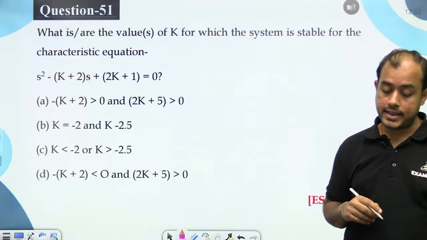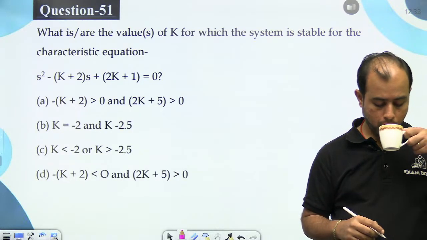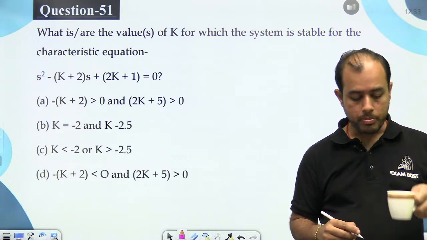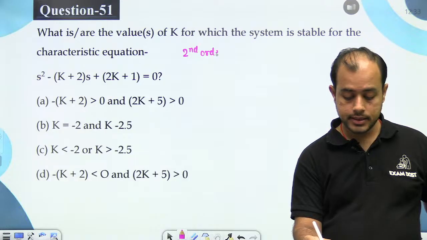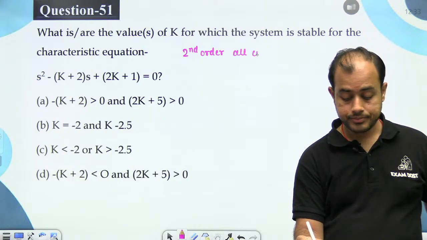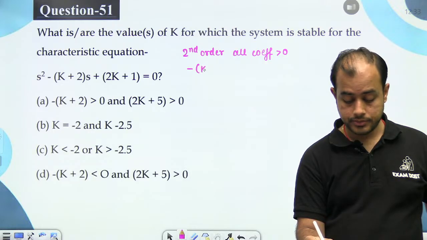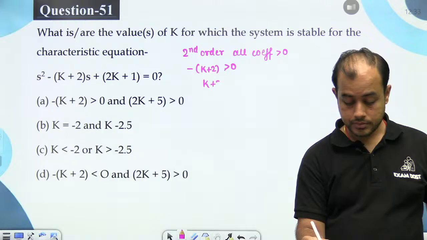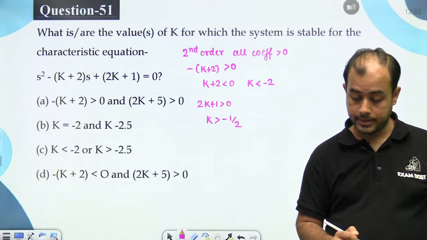Again ESE 24. The system is stable for... this is second order. All coefficient positive. Okay.